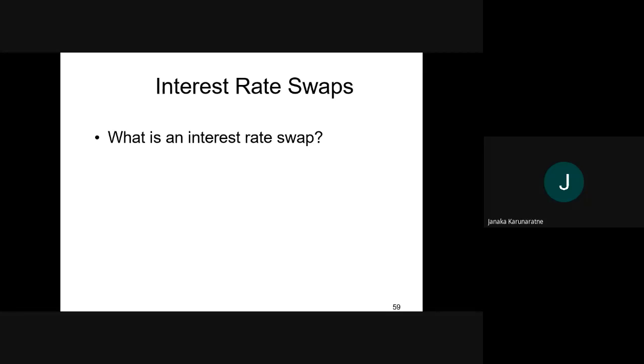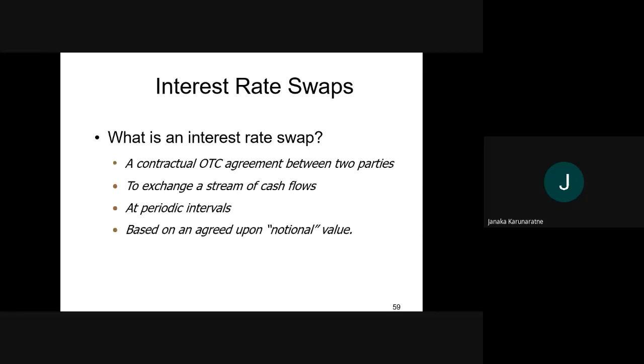So what is an interest rate swap? A contractual OTC agreement between two parties to exchange a stream of cash flows at periodic intervals based on an agreed upon notional value.